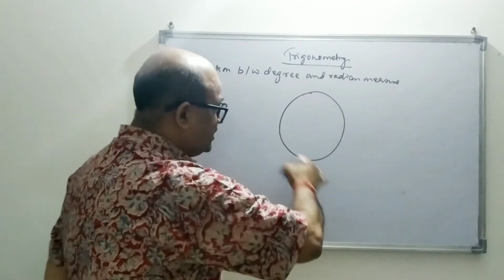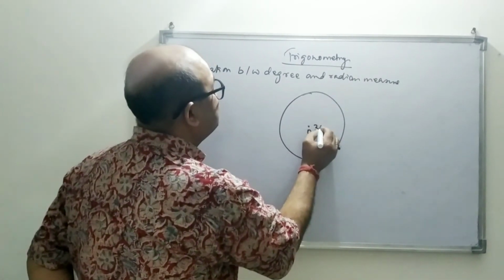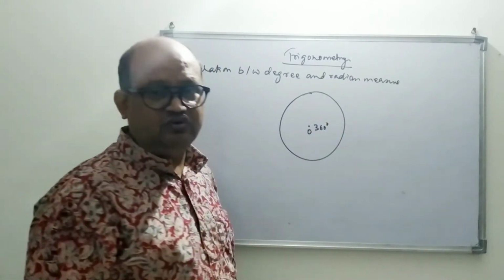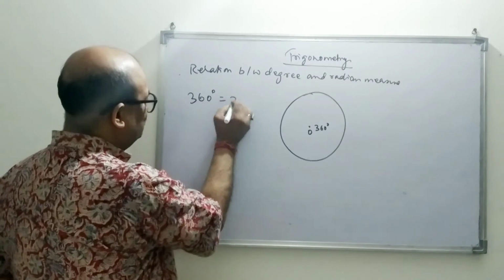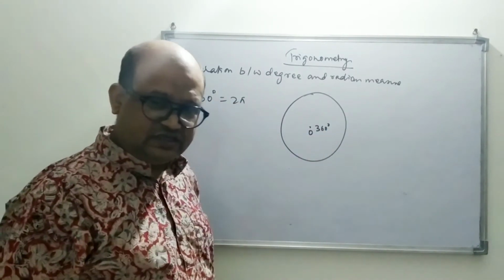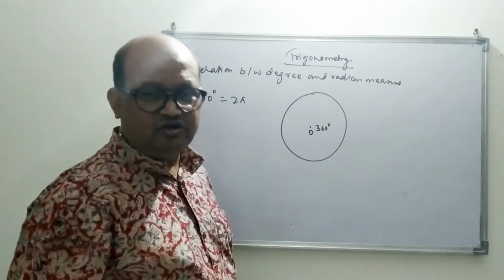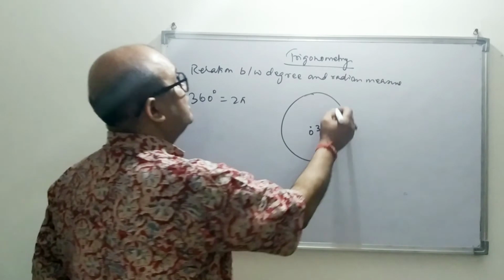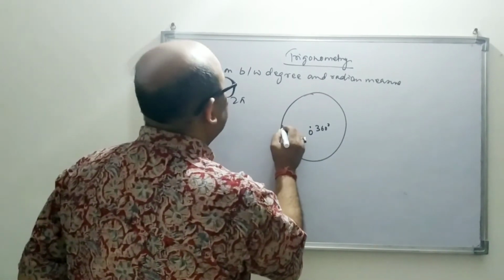The angle subtended by the circumference of the circle at the center O is 360 degree, which is equal to 2 pi. So 360 degree equals 2 pi. The angle subtended by 2 pi at the center is 360 degree, and the angle subtended by 360 at the center is 2 pi radian.